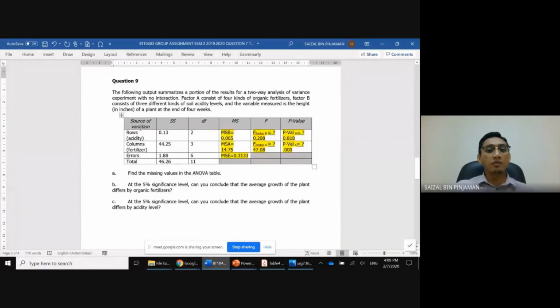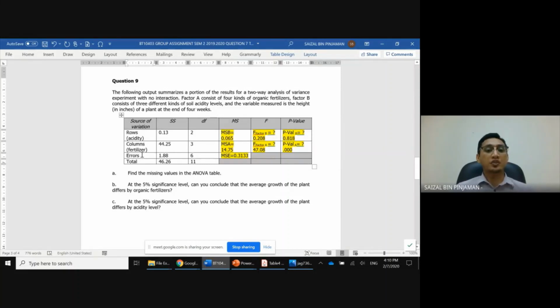The first source of variation comes from the type of acidity level in the soil. The second source of variation comes from the fertilizer, the type of organic fertilizer used. And the third source of variation comes from the error.